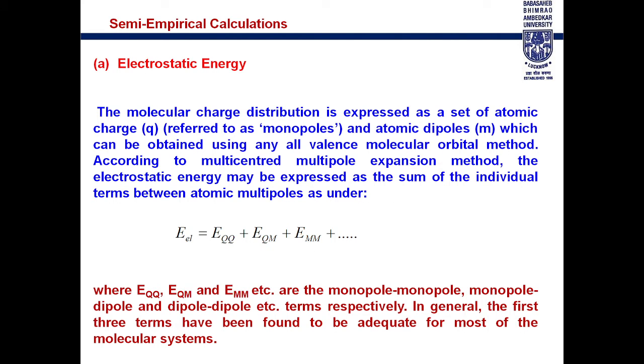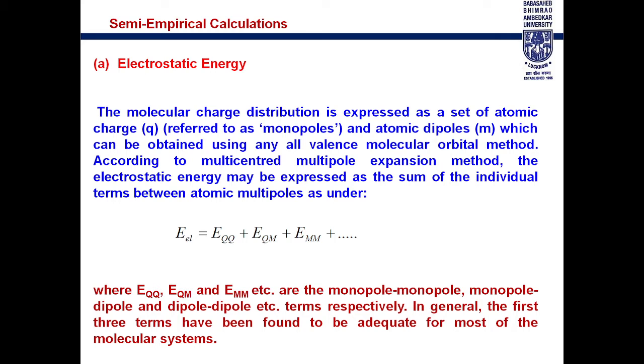Electrostatic energy. The molecular charge distribution is expressed as a set of atomic charges Q, referred to as monopoles, and the atomic dipoles M, which can be obtained by using any all-valence molecular orbital method.